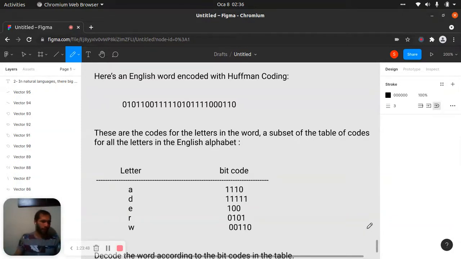I think you solved it. Anyway, time to solve it together. If you don't understand, don't worry. Now you will understand.